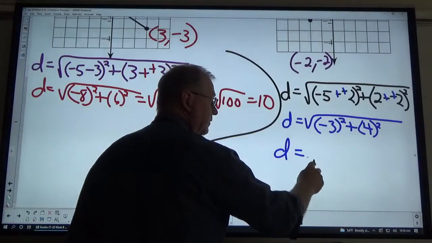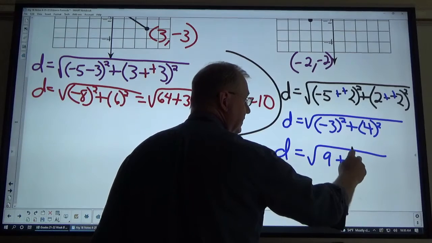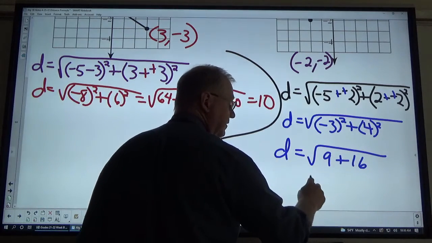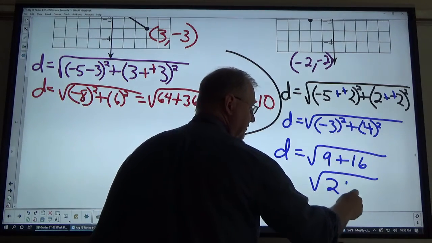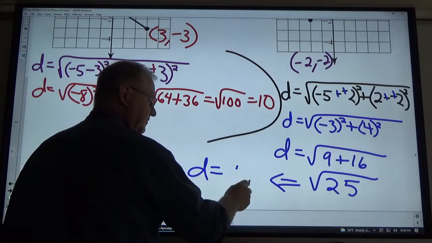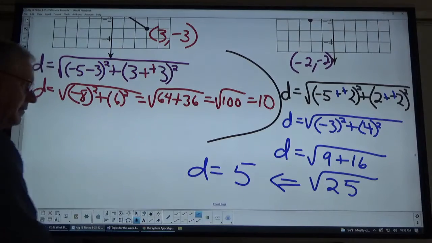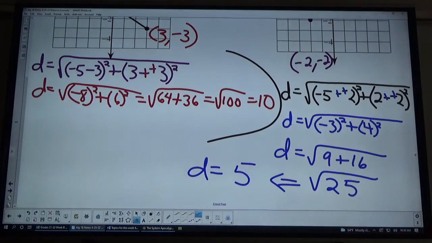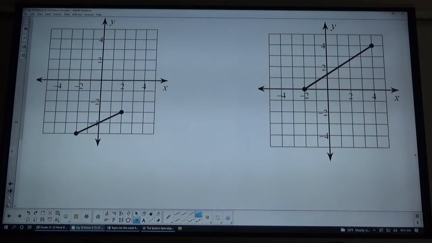So 9 and 16, that's the square root of 25. And that is 5. D is 5. And there you have your result. All right, hopefully you got that right. Let's try another couple.